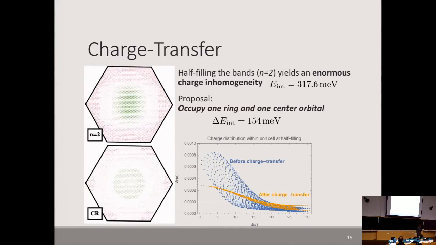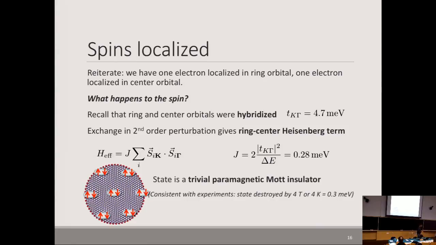Yeah, so this is a kind of first order approximation where we put the charges. Once you say where the particles are localized, the next step when you do Mott physics is always, okay, what happens to the spins? Now an important thing to remember is that these ring and center orbitals were actually hybridized to some extent, which means that if they're hybridized, they can create an exchange.